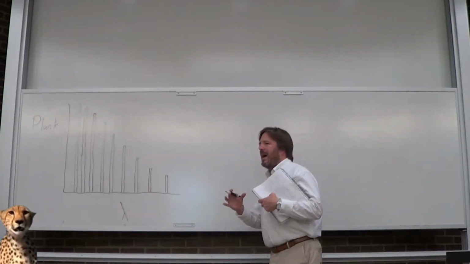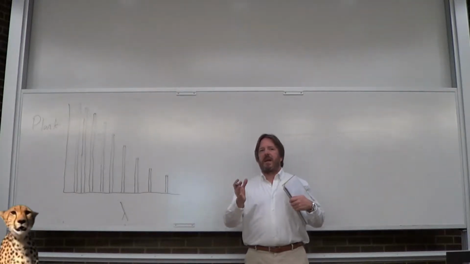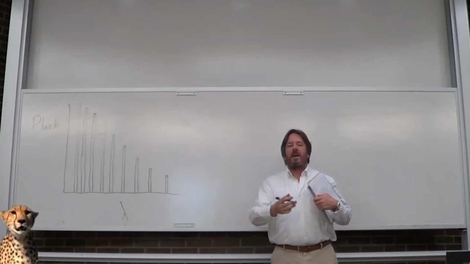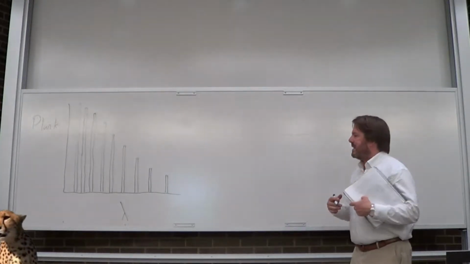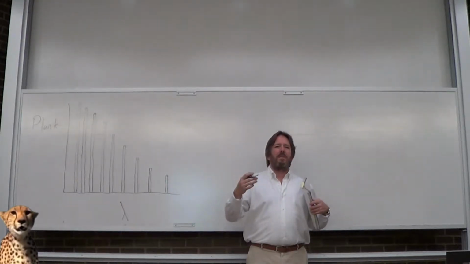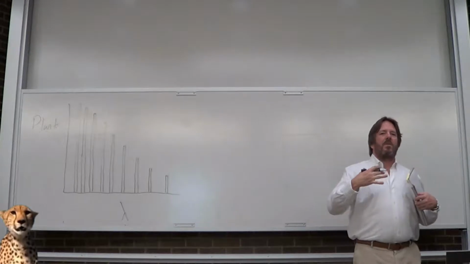Big picture, I'm not going to have you, on the last question on the exam, rederive the Planck distribution, because that's absurd, and even I struggled with it, so don't look for something like that.